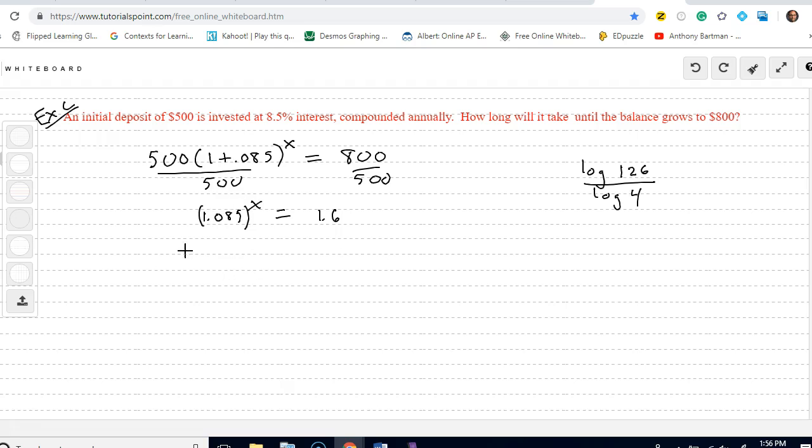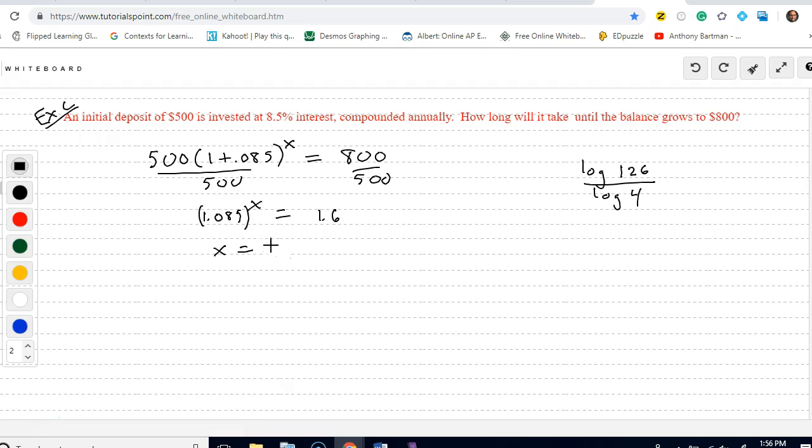Okay, so we're going to try and rewrite this. Let's take the log of both sides. This is the same as x equals the log base 1.085 of 1.6. I said log, but I didn't write log, so let me erase this and try again.